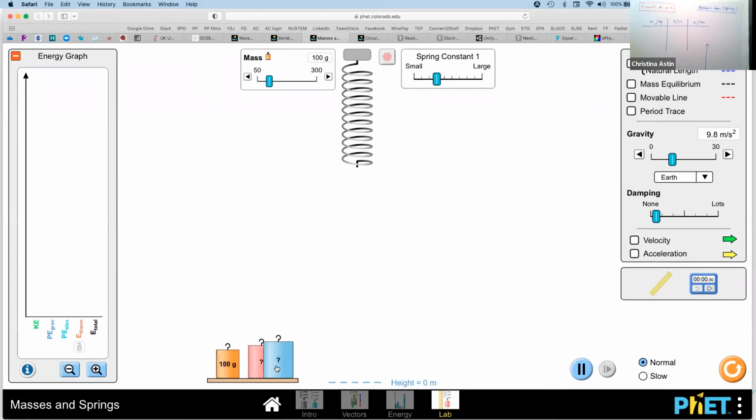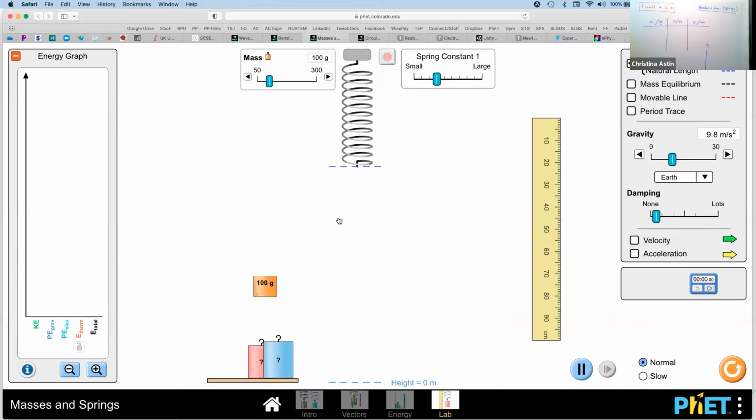The reason that's important is that your students, when they're playing with this simulation, could change the spring constant, so you wouldn't have a correct value for that. So let me show you what you would do. The first thing I do is to click on displacement, and it'll show us the extended length of the spring. And here's our ruler ready.